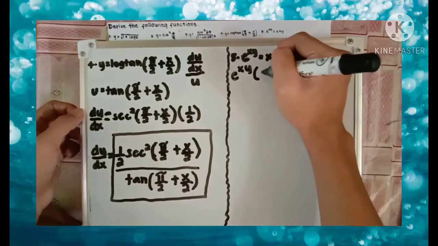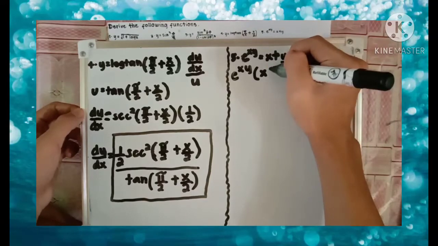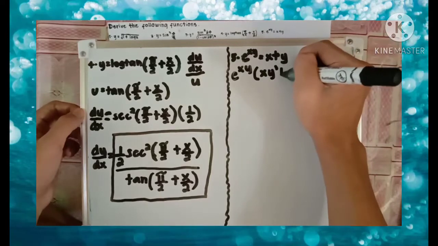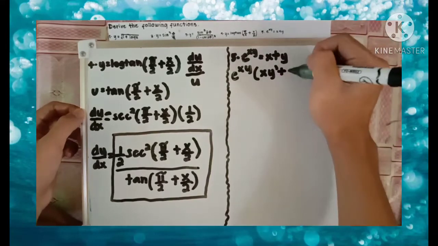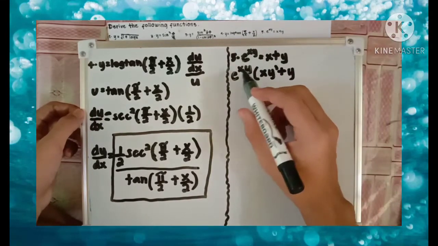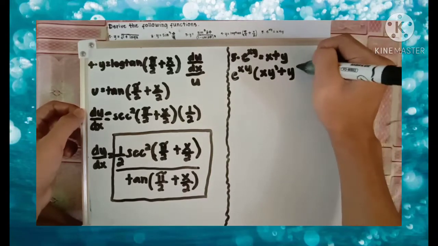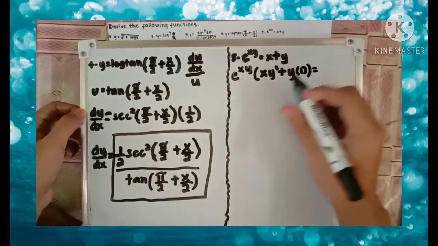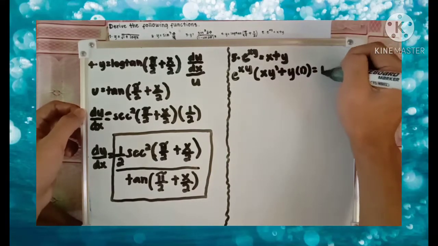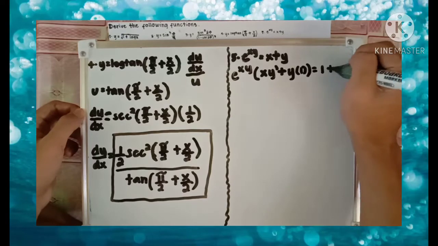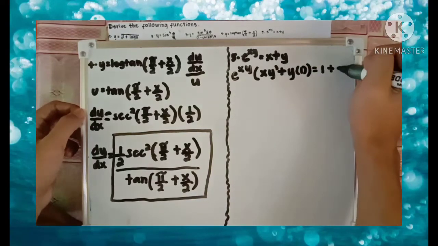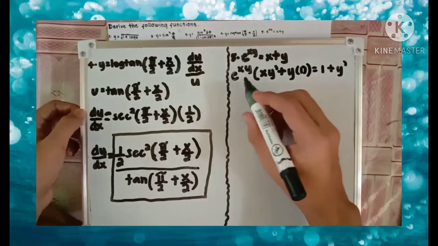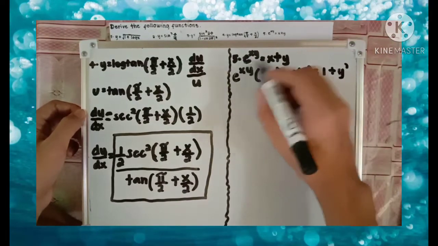So, first term times derivative of second term, then plus second term times the derivative of first term, which is 1. is equal to the derivative of x, which is 1, plus the derivative of y, which is y prime. So we have to use distribution method.